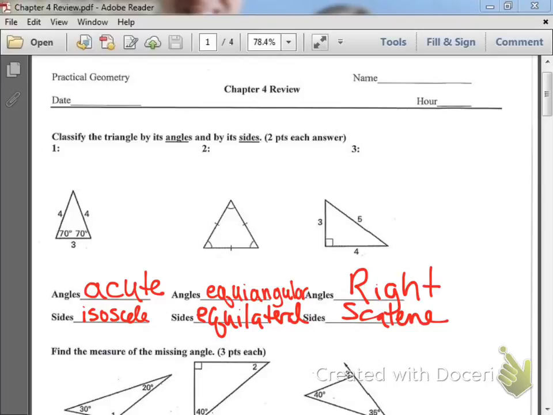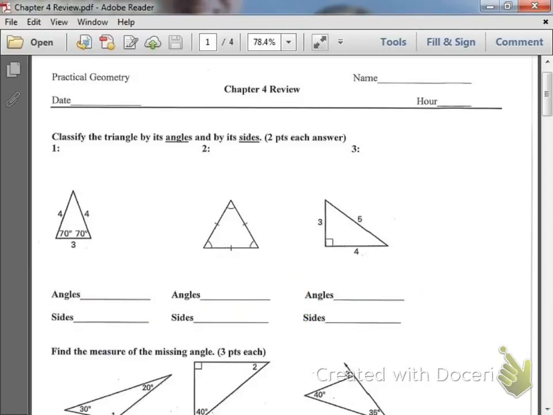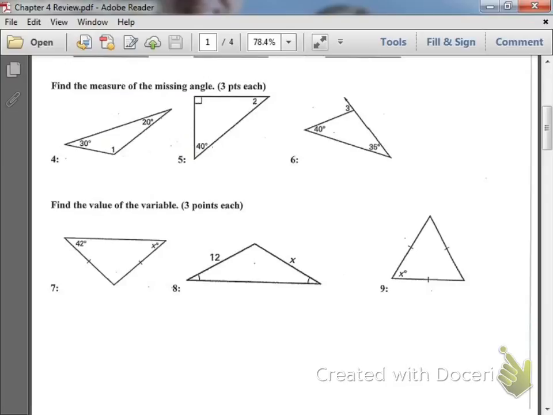So it appears that if you would like these 12 points, you need to study this section tonight. Any questions? All right, moving on. These are worth 3 points each, so this whole section is worth 9.